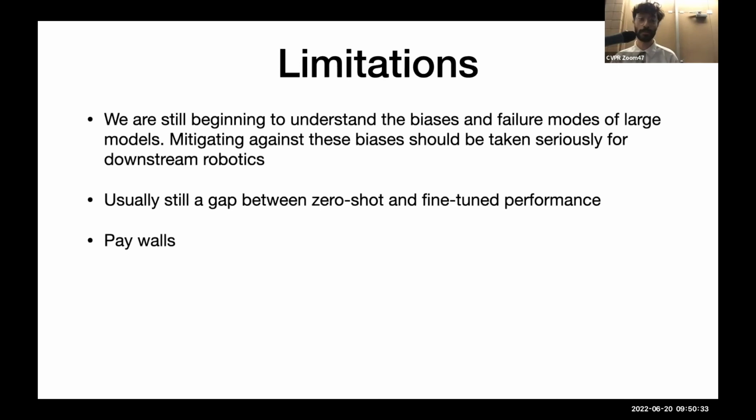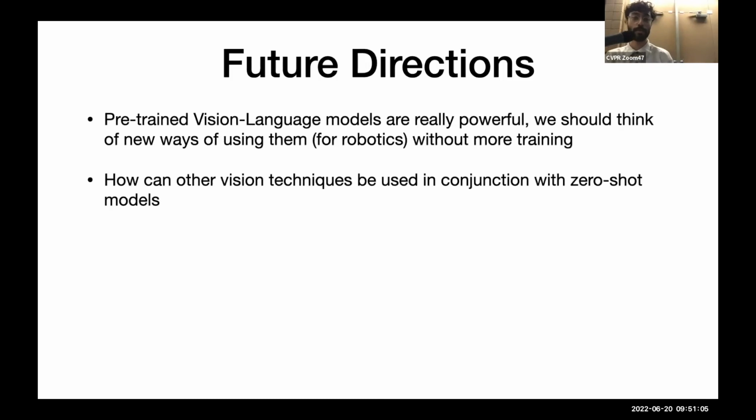So I think that's a huge limitation that deserves a lot of study. Also, there's still a pretty huge gap between a zero-shot method and a fine-tuned method. In classification, that gap is shrinking rapidly, but in some other tasks, that's definitely a limitation. And then paywalls are another one. A lot of these models are behind paywalls, and maybe in the future this will become more common. So it's just something to keep in mind.